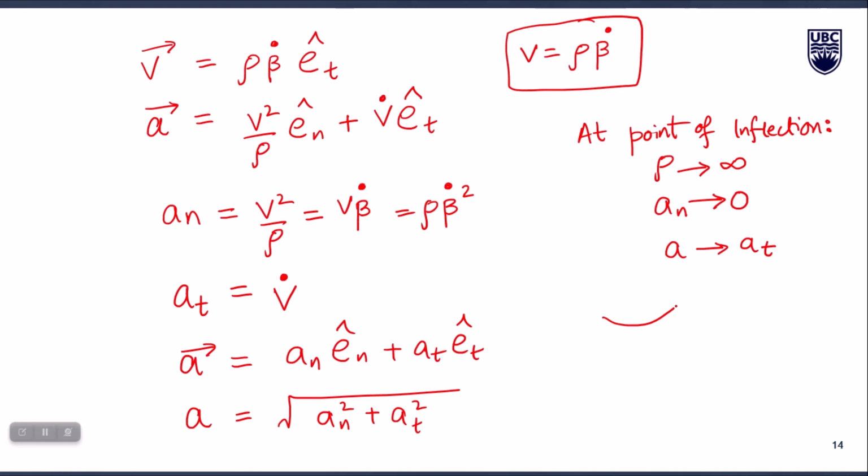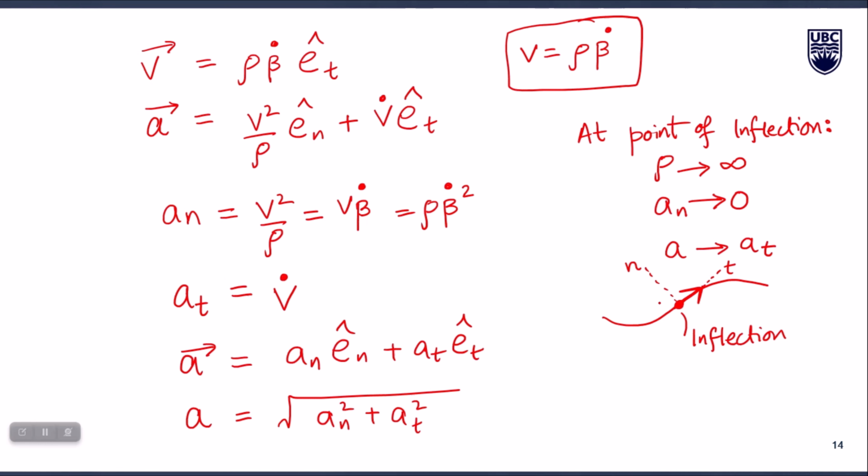So for example, if the curved path looks like this, exactly at this point you have the point of inflection, right? And at this point there is only tangent direction of acceleration, that will be something like this. So no normal component, so there will be this n axis and this will be like t axis, right?